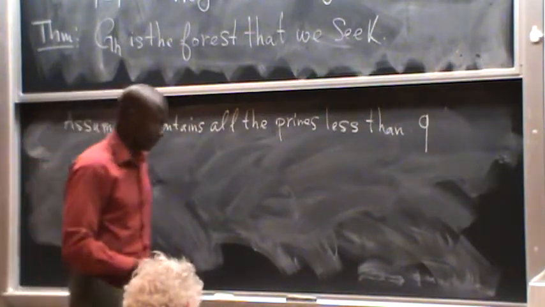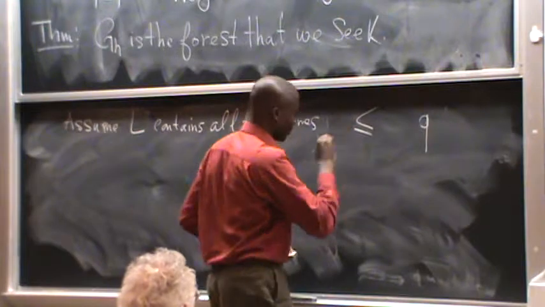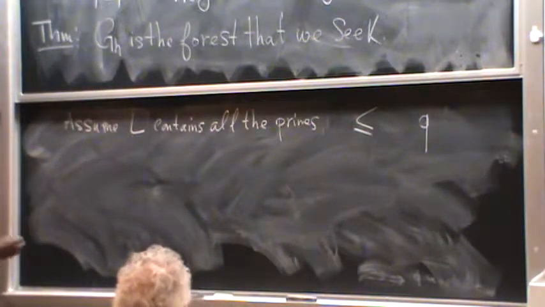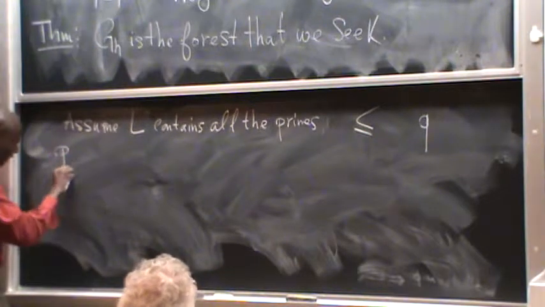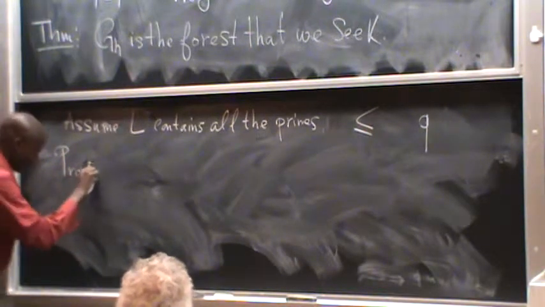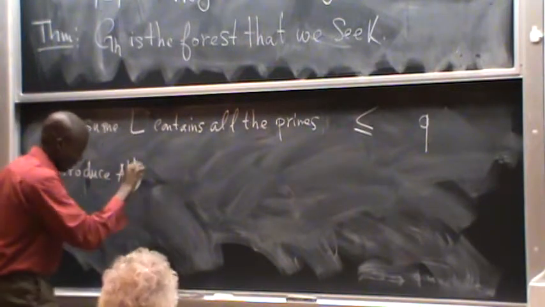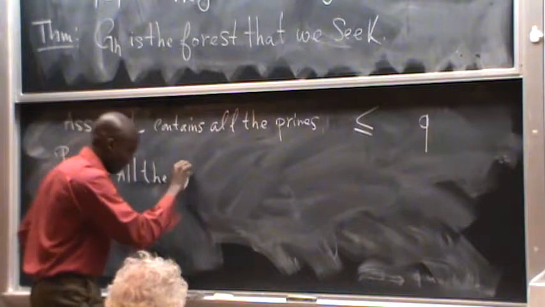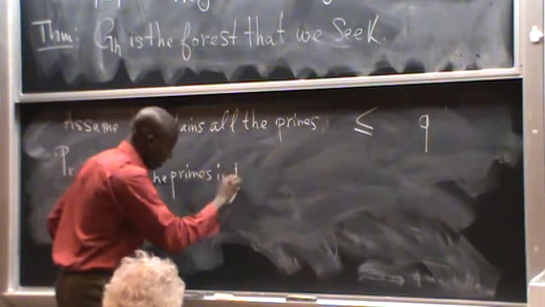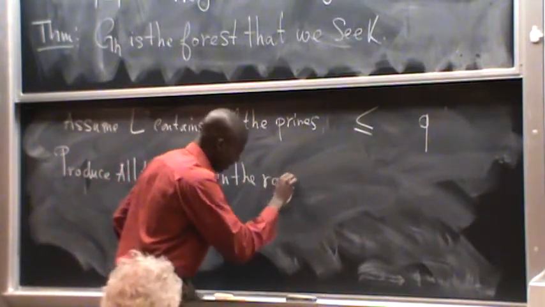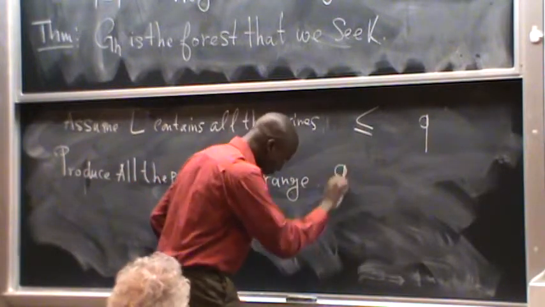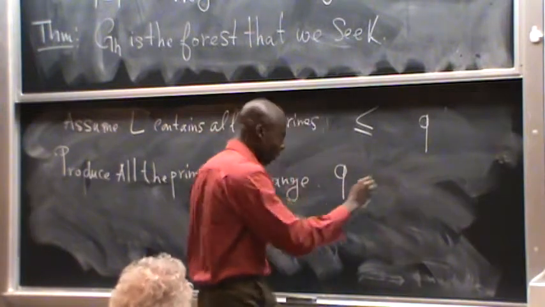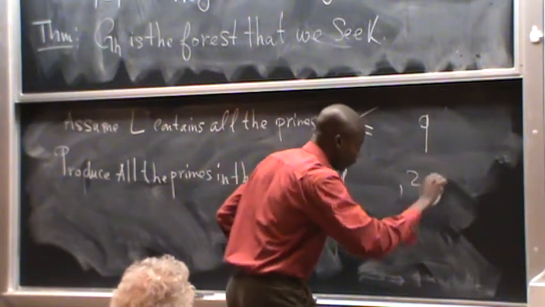What I want is to produce all the primes. So the problem we want to solve is: produce all the primes in the range q, so all the primes are bounded by q below and 2q above.